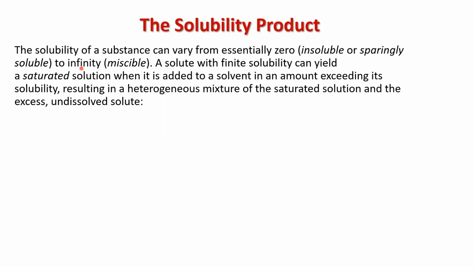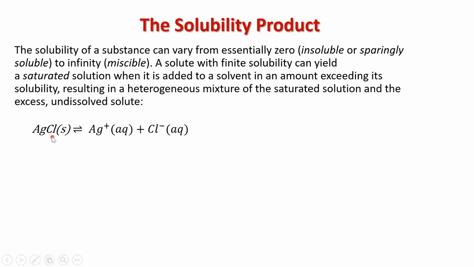And when we talk about substances that have a finite solubility, we can form what's called a saturated solution, one that has the maximum amount of solute dissolved in it. If we put more solute into that solution past the saturation point, we would have a heterogeneous mixture with undissolved excess solute on the bottom.